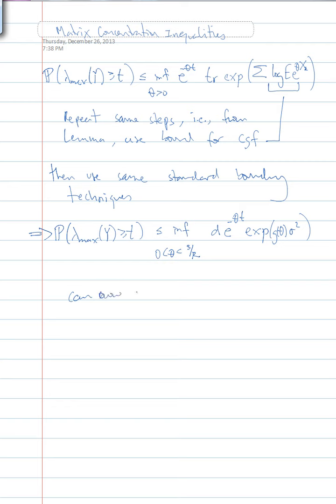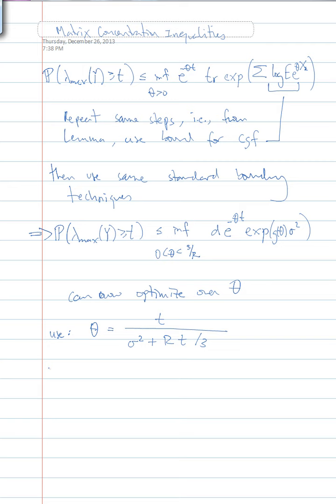So we can now optimize over theta. To get exactly what we gave in the theorem, we can instead use theta equals t divided by sigma squared plus rt over 3. And you can check that this is always in the right bounds.